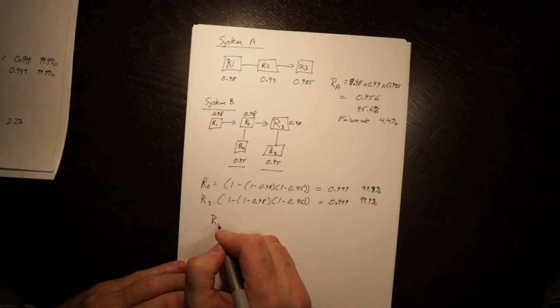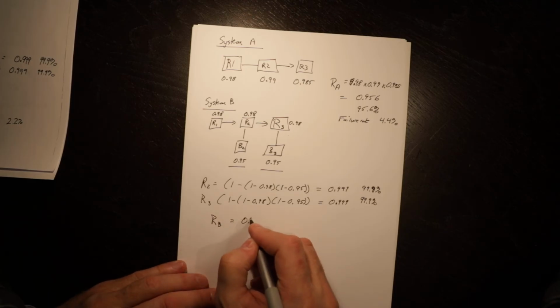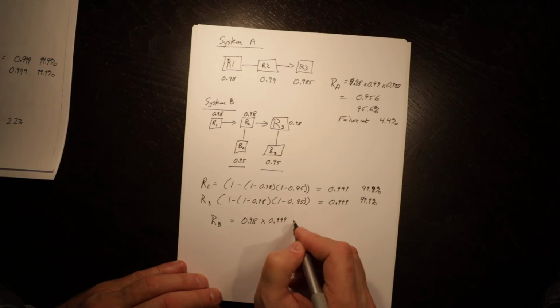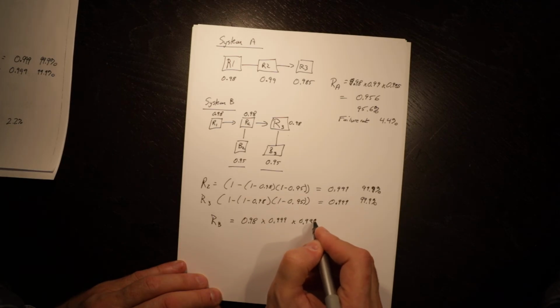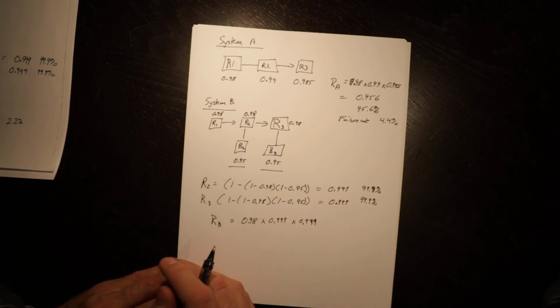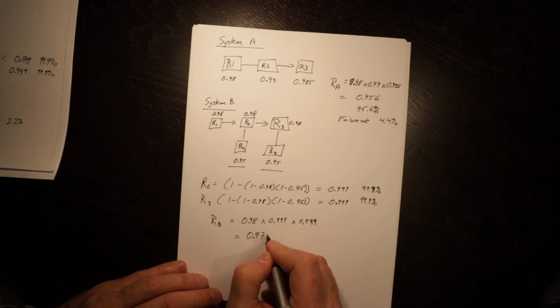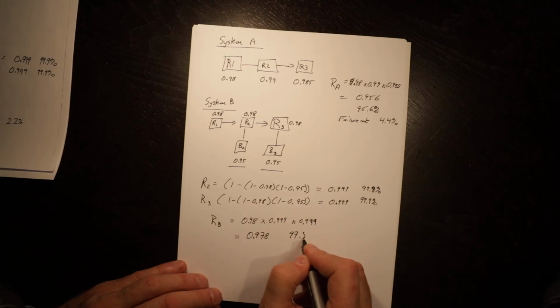So then the reliability of B is equal to 0.98 times 0.999 times 0.999, which are the 3 components that are in series, is equal to 0.978 or 97.8%.